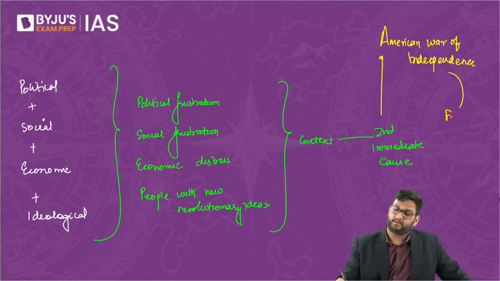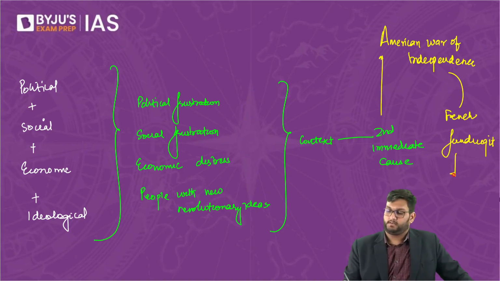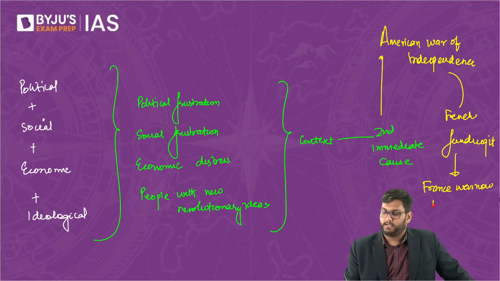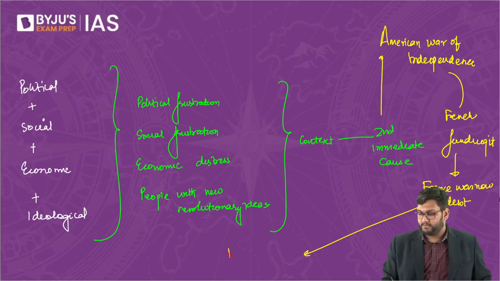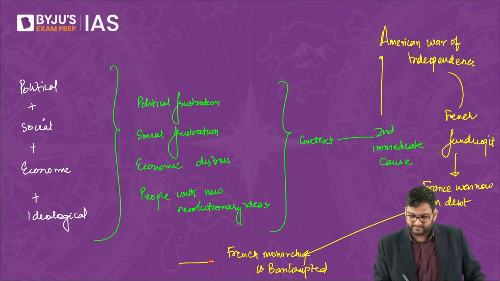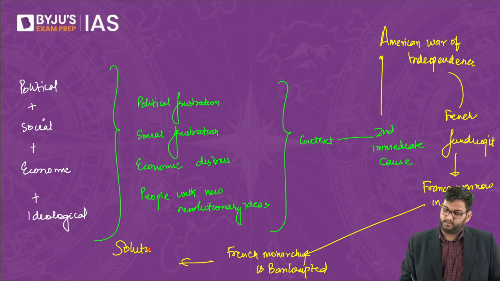Because the French were funding it, France was now in debt, and the French monarchy was bankrupted, and the solution to this crisis will trigger the French Revolution.